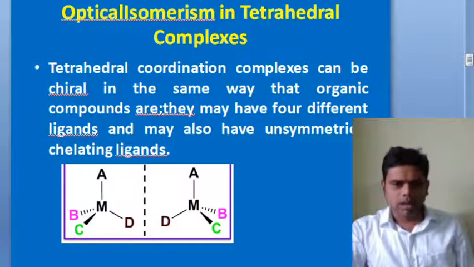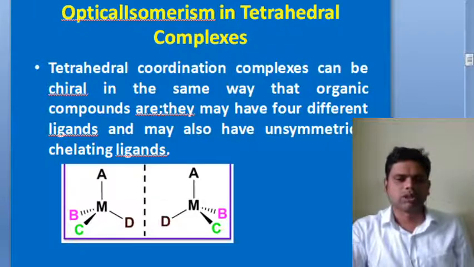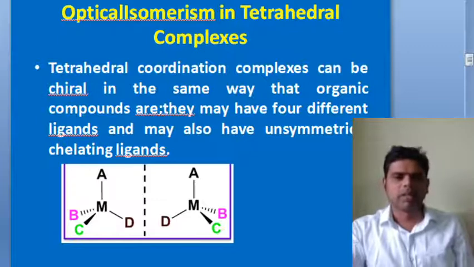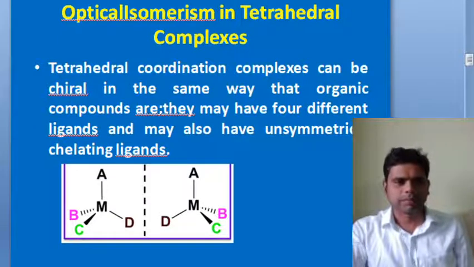But usually optical isomerism arises in tetrahedral complexes and octahedral complexes only. There are some exceptions in the case of square planar complexes. Most commonly, we come across optical isomerism in tetrahedral and octahedral complexes.